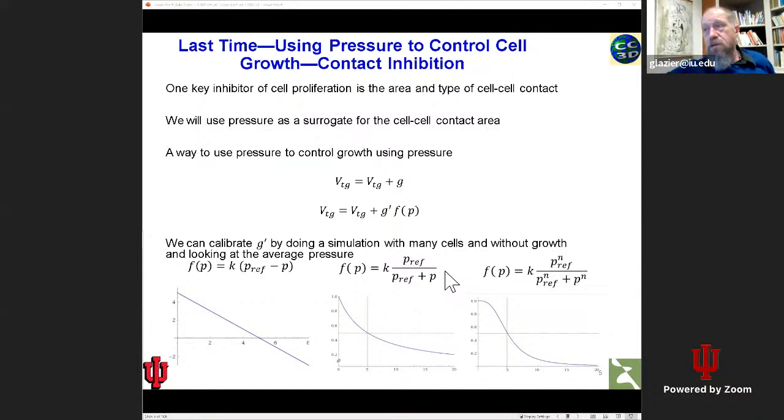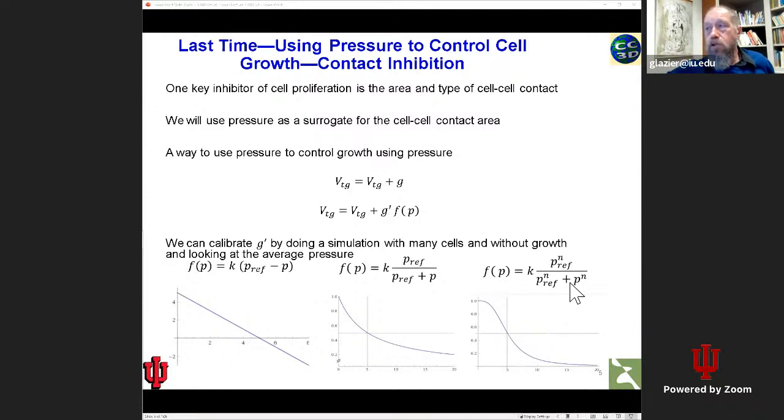So if you use a functional form like that, you have to do something to make sure that doesn't happen. You say, if the pressure is positive, then I do some kind of suppression. But if the pressure is negative, then I just use a value of 1. So I have to have some kind of cutoff in my model.